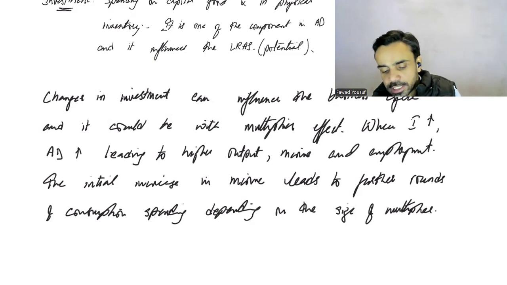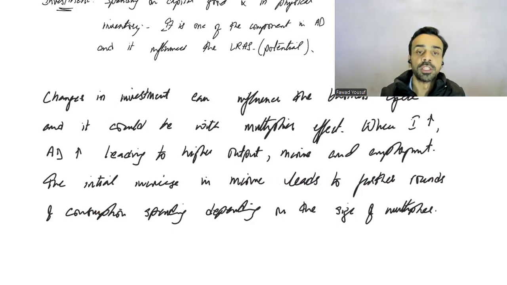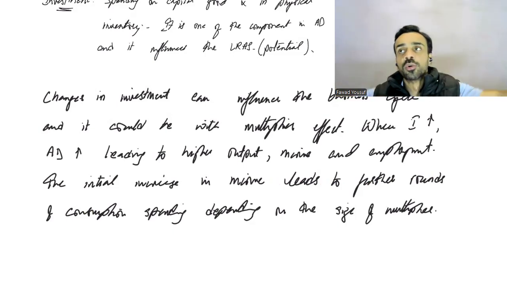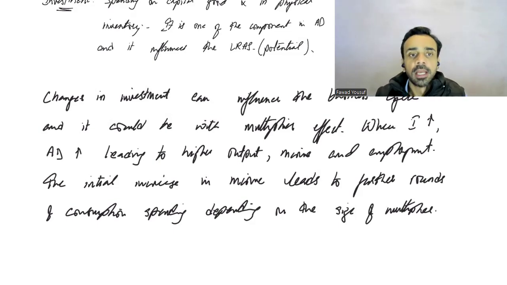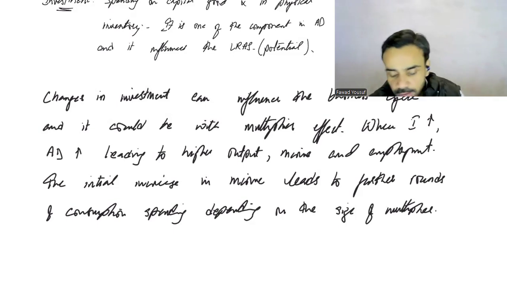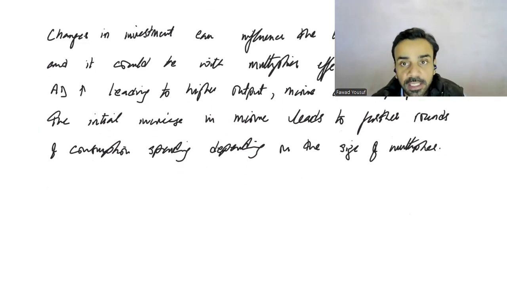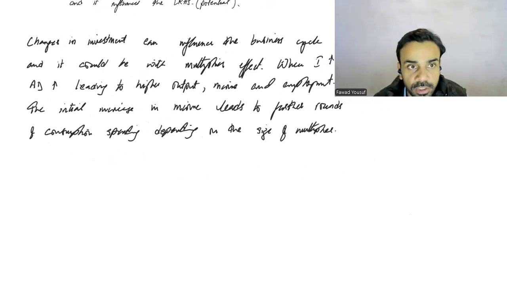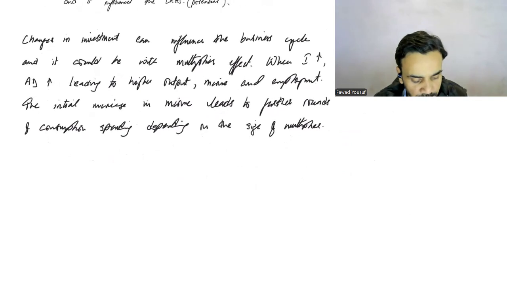फिर whoever earns that money, right, incomes, then it leads to further rounds of consumption in the economy because everybody who has earned that money, they're going to go and they're going to spend in the economy. And then whoever got that income is going to go and spend into that economy. लेकिन कितना बड़ा impact आएगा depends on the size of the multiplier. So I can then say that the multiplier can be calculated. तो किस तरीके से calculate होता है multiplier?